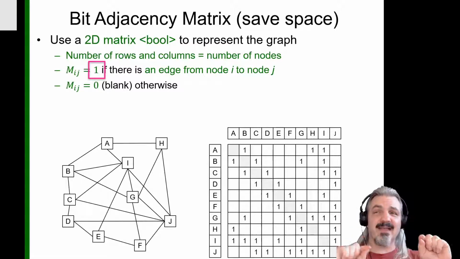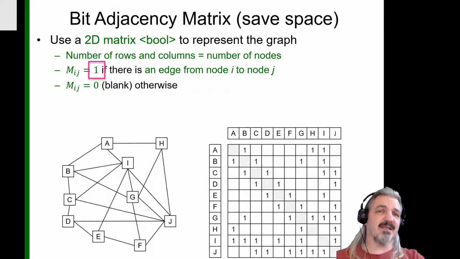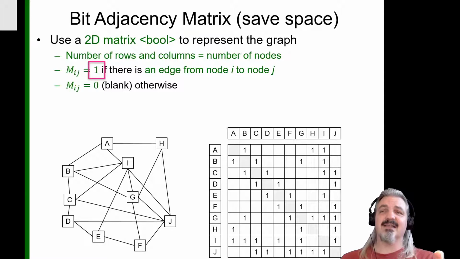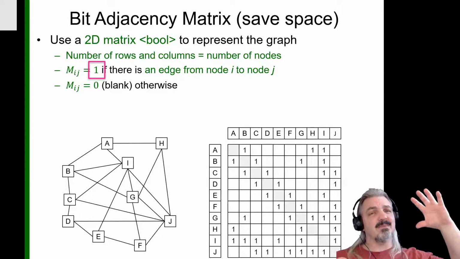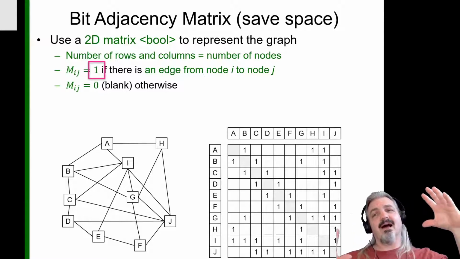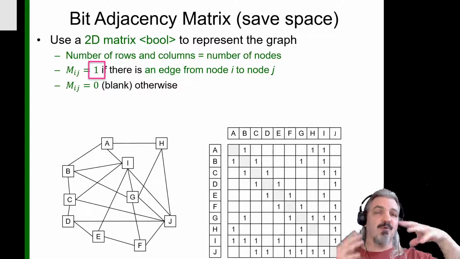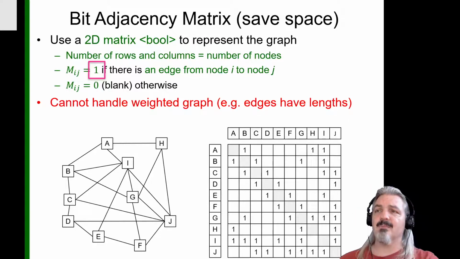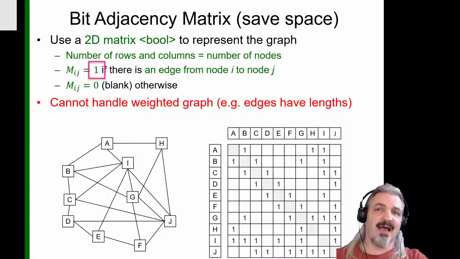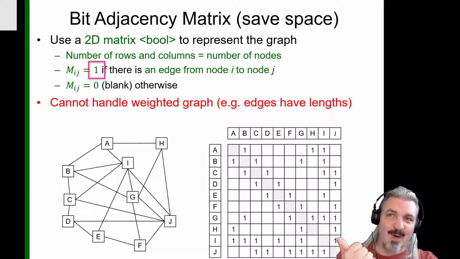If you're heavily connected, this is a useful representation. If you're not heavily connected, then this becomes a very, very sparse matrix, which is bad for storage, and potentially, as it gets very large, moving it around memory can be bad for speed as well. So that style can't even have weighted edges.